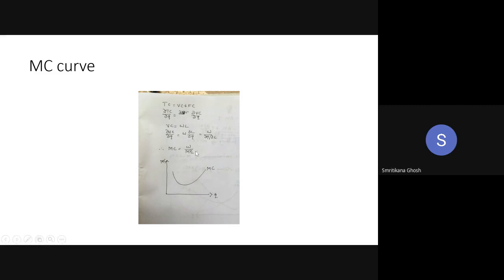This is the first way, and the second way, just take your total cost curve for different quantity produced, find the slope of the total cost curve, plot them in the second diagram, join all those points, you will get your MC curve. Because MC curve is nothing but the slope of your TC curve. So this is the second way. You can draw any way, as this is the easier way to draw your MC curve. I am using it here.